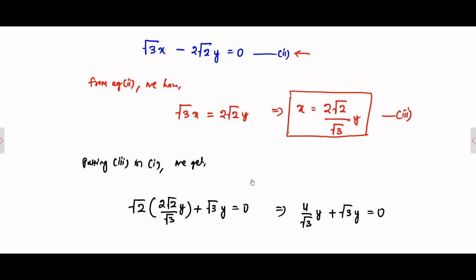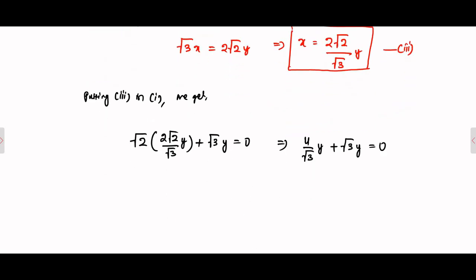That implies four y plus 3y. So here 4, and the root 3 into root 3, that is 3y, that is equal to 0. So that implies 7y by root 3 is equal to 0.